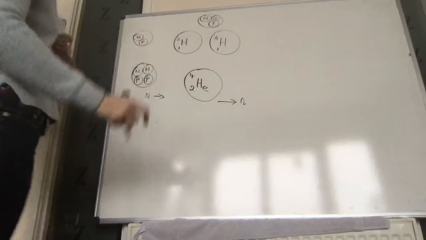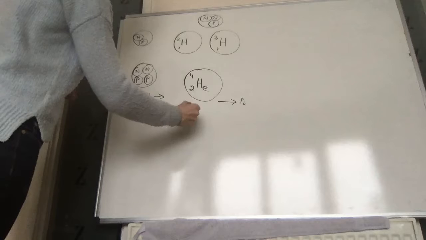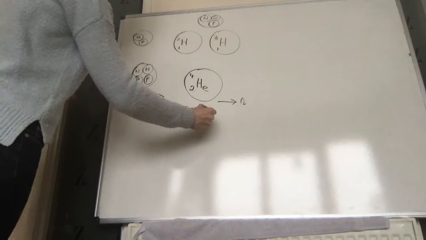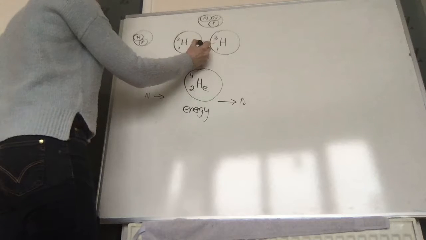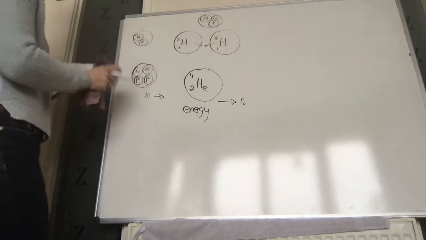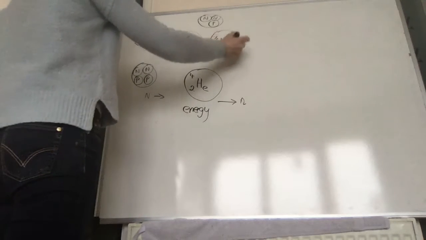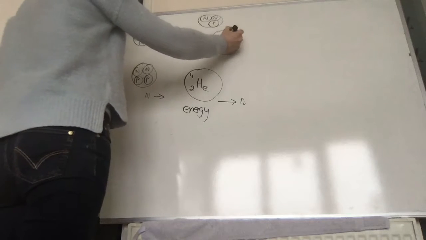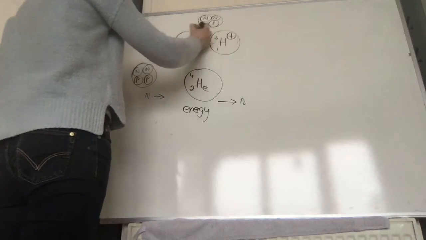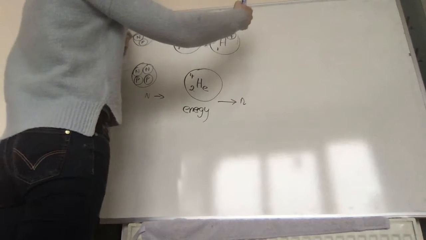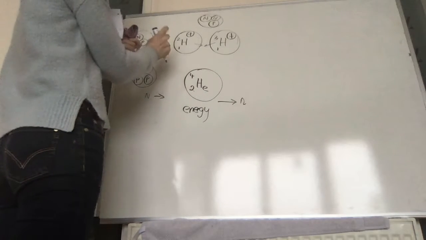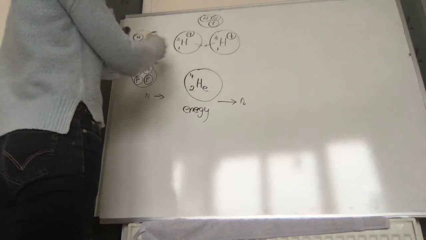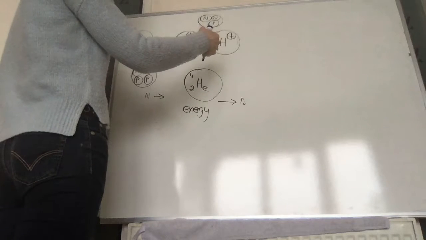Okay, and again, high amounts of energy released when this happens, but it takes a large amount of energy to actually force them together, because they are, at the end of the day, nuclei that are positive, and you are trying to force together two positive nuclei, and the electrostatic force is trying to push them apart.